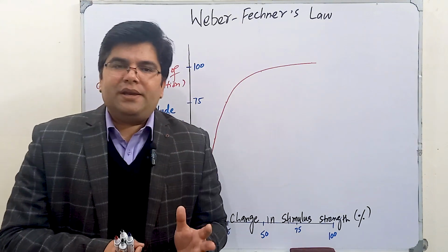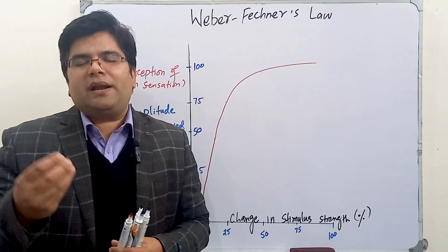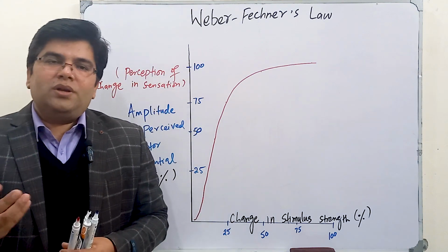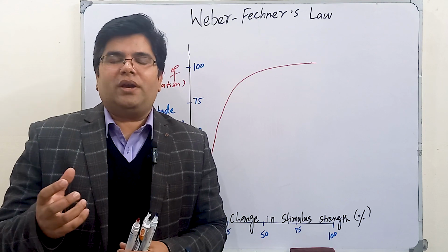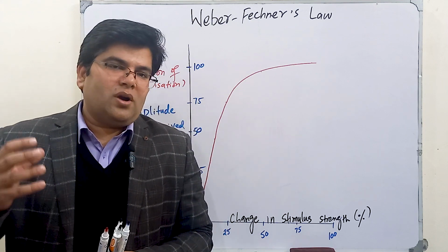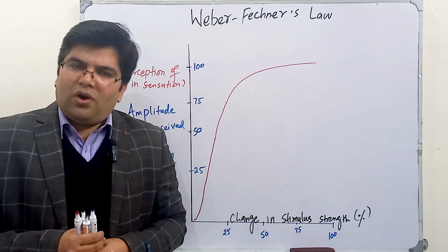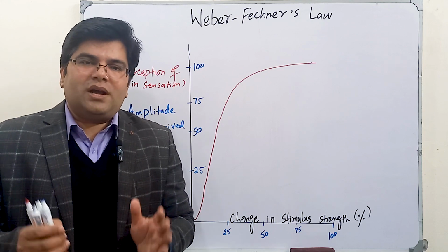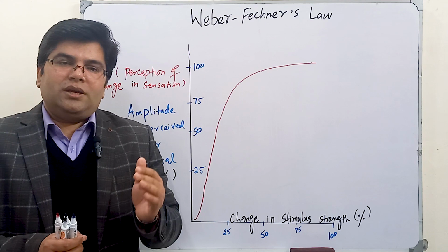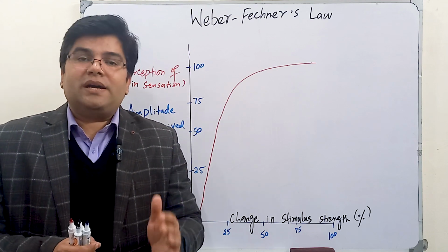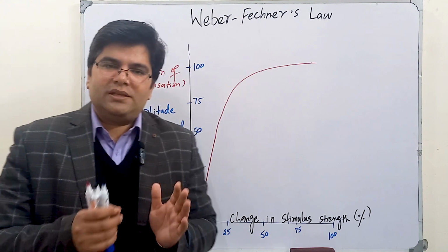In our internal ear, when there is a feeble and normal sound, only the inner hair cells are stimulated. But when there is a louder noise, the outer hair cells of the cochlea are also stimulated, informing the brain that the sound has become louder. So these are some ways by which the increase in the intensity of stimulus is informed to the brain.